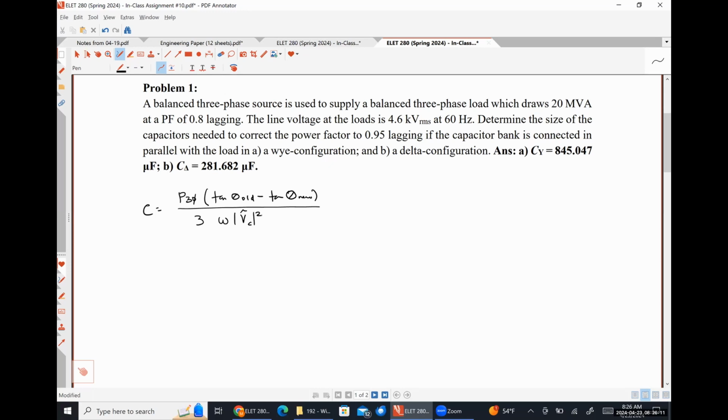So this little modification right here lets me keep the three-phase power, and it's going to divide it through by 3 for me.